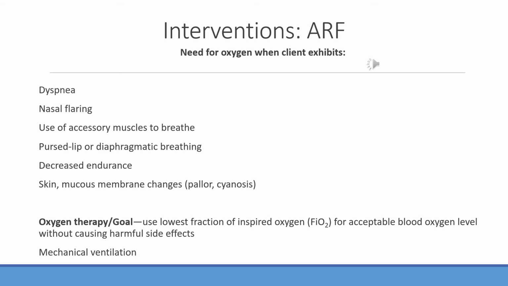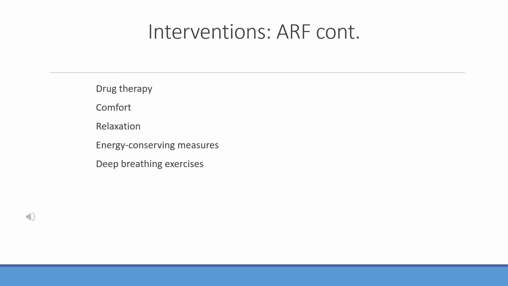The FiO2 is the percentage of oxygen administered, and on a ventilator, it is set at the lowest possible level to maintain a PaO2 of higher than 60 millimeters of mercury and an O2 sat of at least approximately 90%.